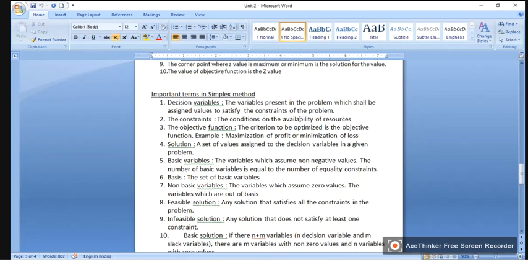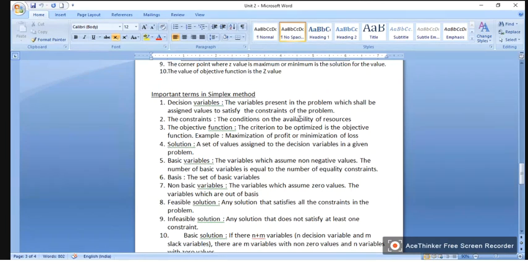Decision variables. Okay. And what do they represent? They represent the area for crop 1 and area for crop 2. Is it? Yes, sir. Okay.